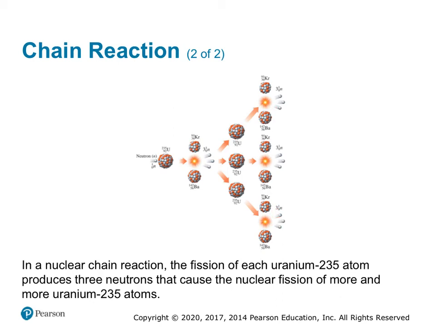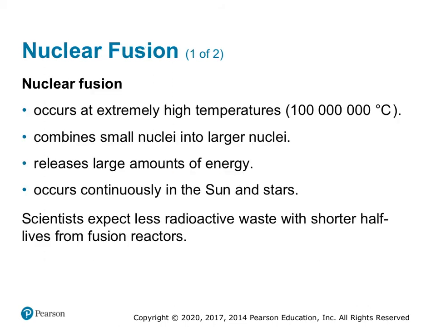Now we've got 9 neutrons going on to bombard 9 more reactive uranium-235 atoms. So each fission produces 3 more neutrons that cause the fission of more and more and more uranium-235.